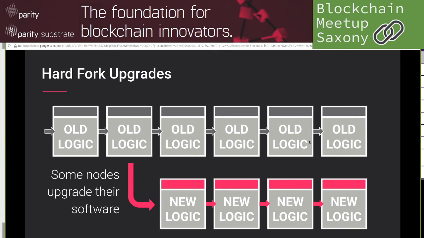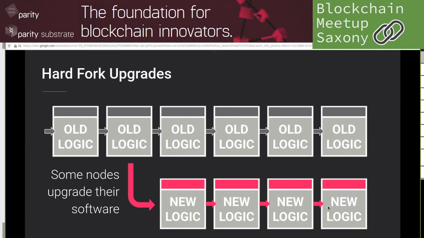So, okay, Gavin fixes the problem and releases the new node, and everybody who runs the new node now rejects this block. And so we get this fork where the people running the old logic are still up here on the gray chain, and the people running the new logic are down here on the pink chain without the overflow.